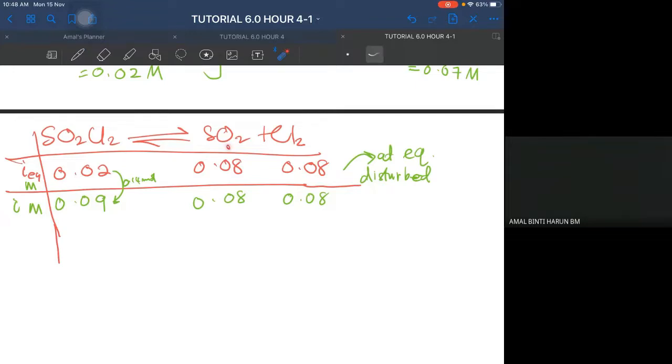Concentration SO2Cl2 tidak berubah. Logically, kalau initialnya kita dah reach equilibrium, but then if you increase this one, what happen? It will shift to which part? You add this one, that means you increase this one. So logically, the system will shift to which side?